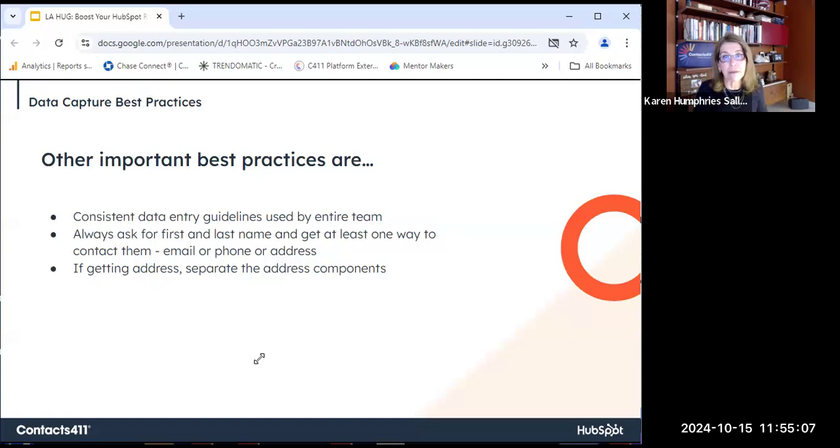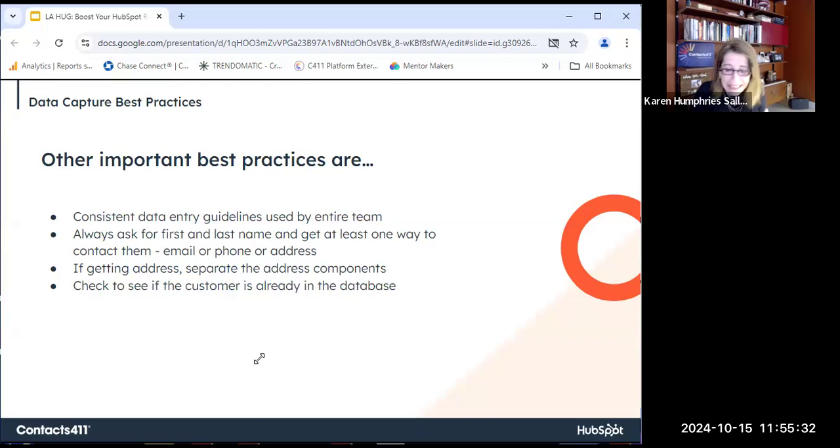Street address line 2, which is where you would put suite or apartment number. City in its own field, state in its own field, zip code in its own field. Having those separate components actually allows you to keep your data even more clean, even more up to date, and work more easily with data vendors.